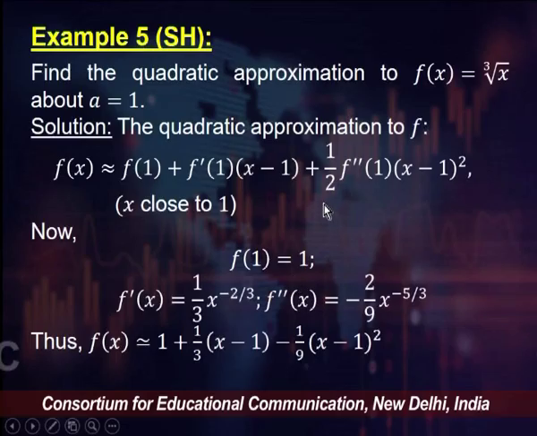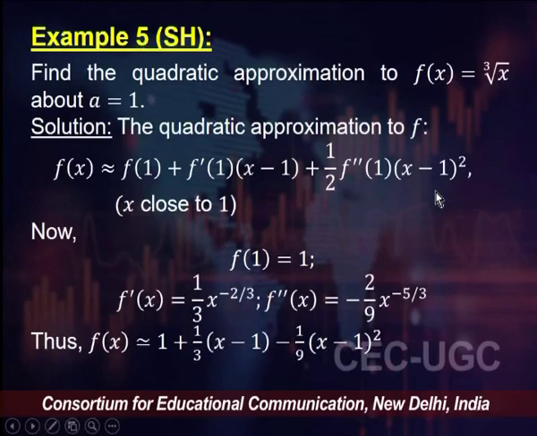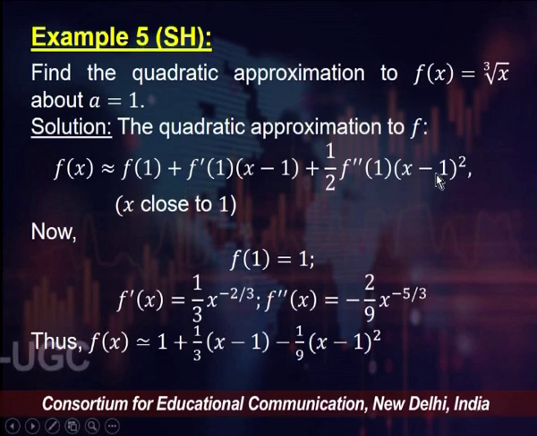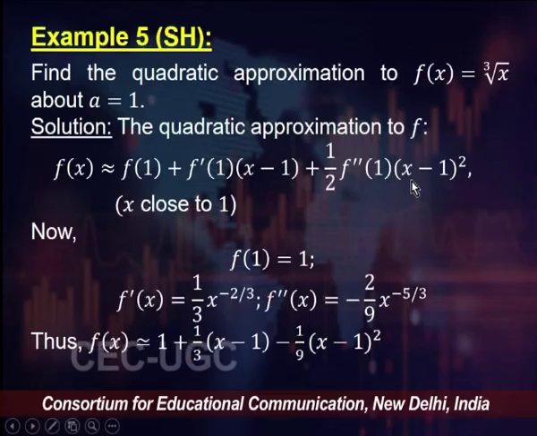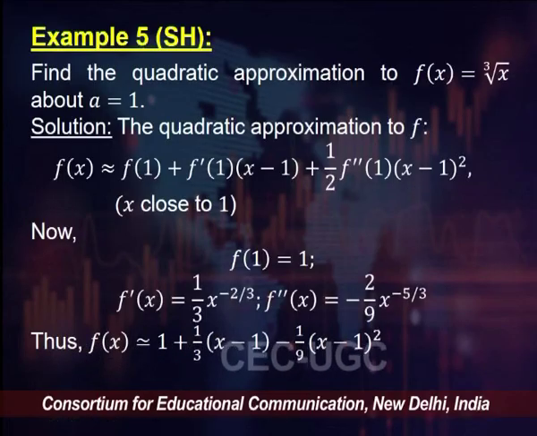So, because it is a quadratic approximation, you are being asked to go for f of a, which is f of 1, plus f prime at 1 times x minus a plus half times f double prime at 1 times x minus 1 the whole squared. All I have done is I have substituted a equal to 1 in the formula for the quadratic approximation.